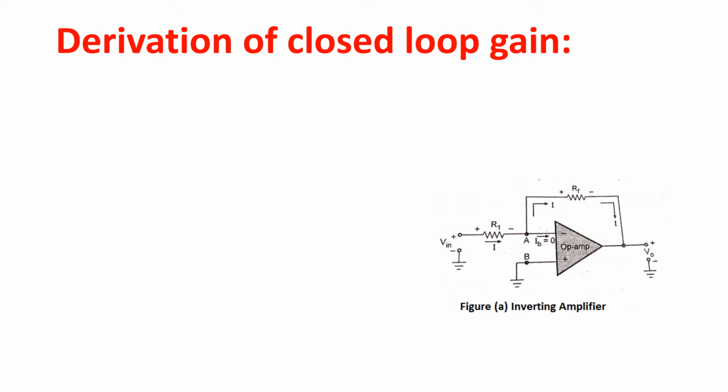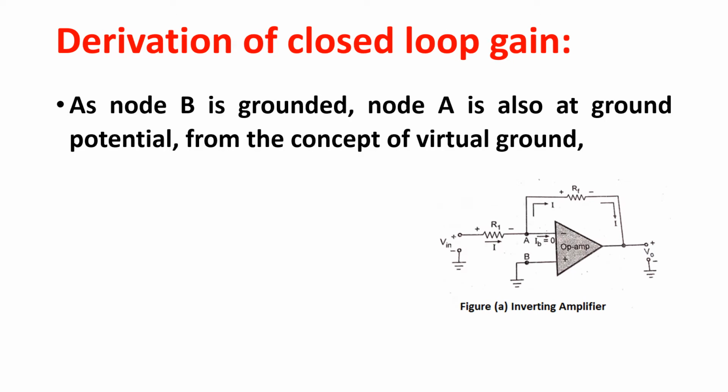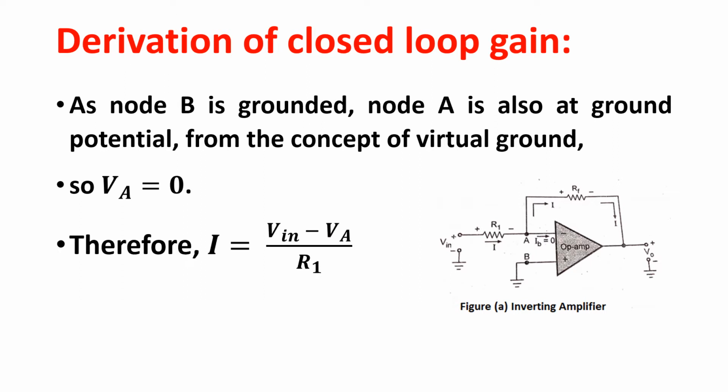Derivation of closed loop gain. As node B is grounded, node A is also at ground potential from the concept of virtual ground. So, the voltage at node A, that is VA, is equal to 0. Therefore, the current I passing through the resistance R1 is entirely passing through the feedback resistor RF.